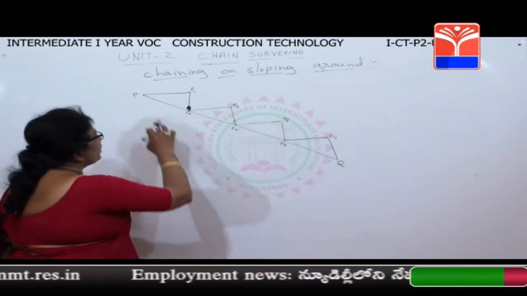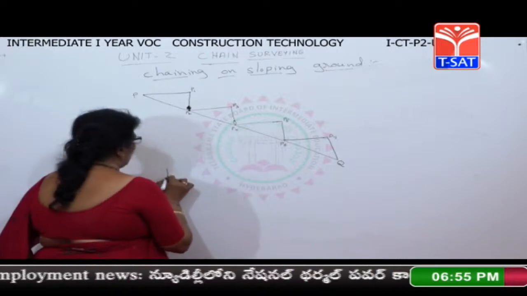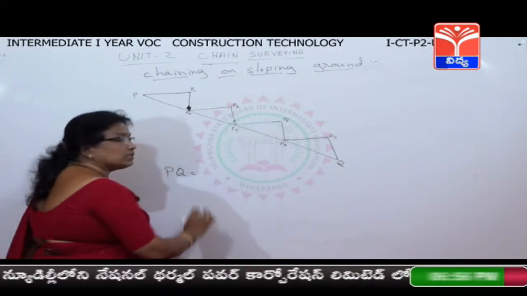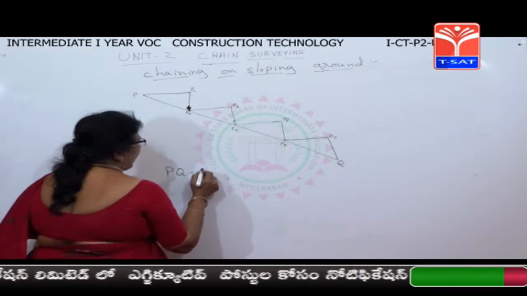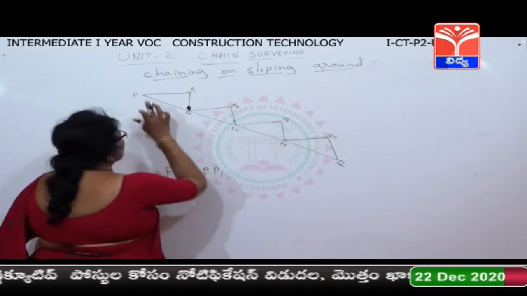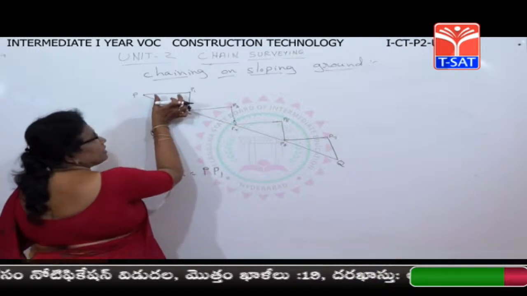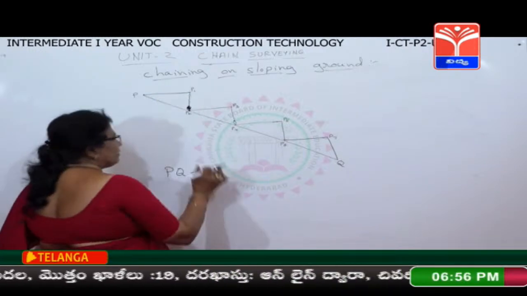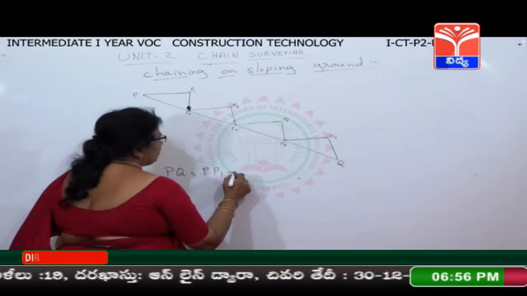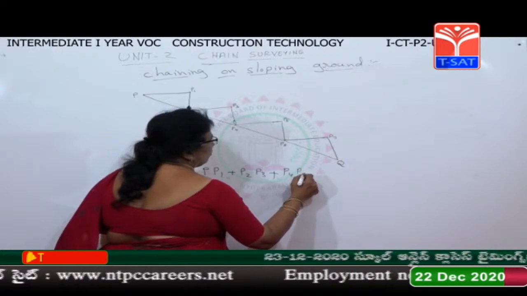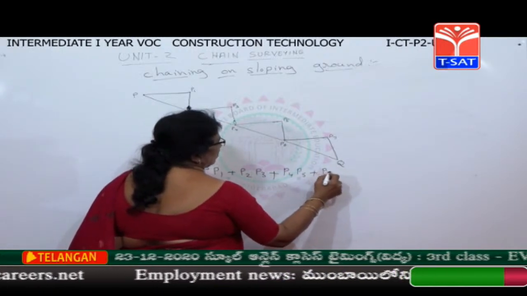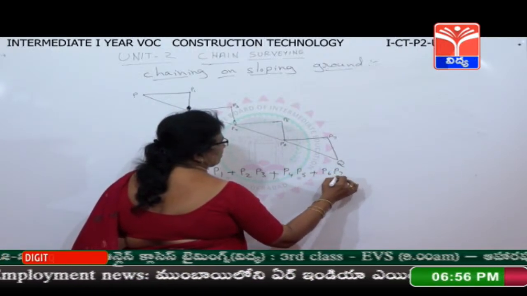Now, you need to calculate this distance, the distance from P to Q. Then you have to add the distances you are getting, P to P1, then P to P3, plus P4 to P5, plus P6 to P7.